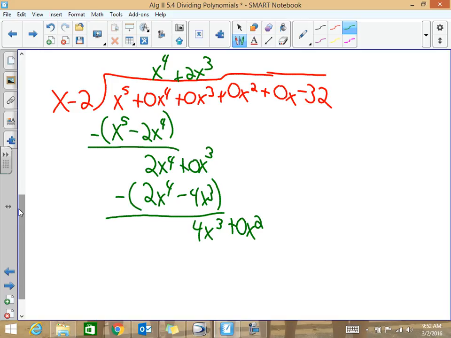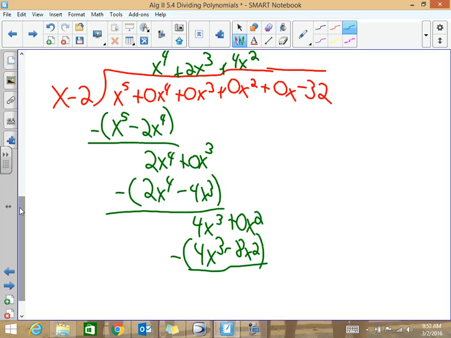Now, what do we multiply x by to make it 4x to the 3rd? 4x squared, right? And then we distribute, so we get 4x to the 3rd minus 8x squared. Then we subtract. 4x to the 3rds cancel out, and we get 0 minus a negative 8 gives us positive 8x squared.